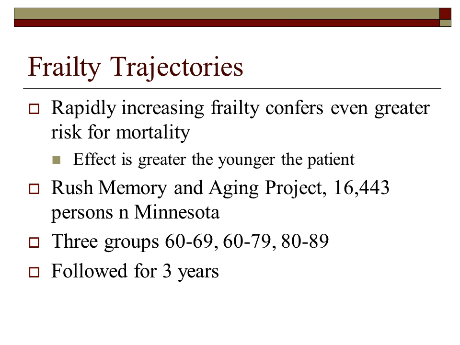What they found was very interesting, and that is that if the frailty is rapidly increasing, then they have an even greater risk for mortality. And interestingly, if that's occurring in the younger of those 3 cohorts, their mortality was higher than for the older persons.